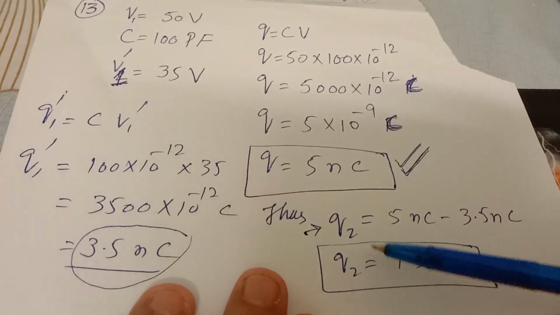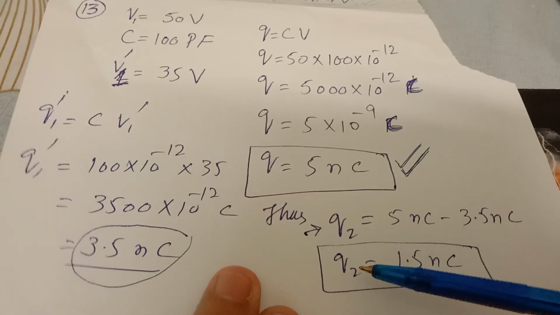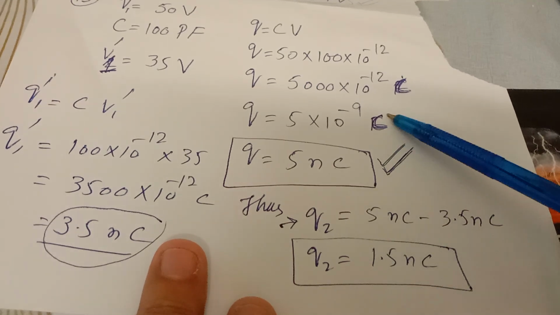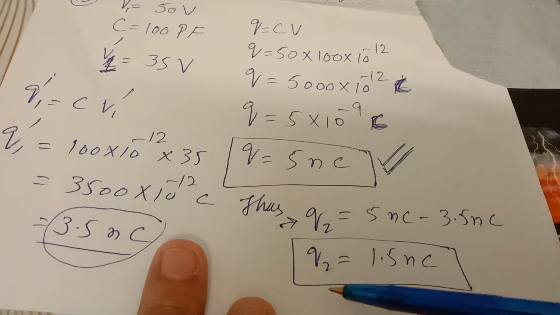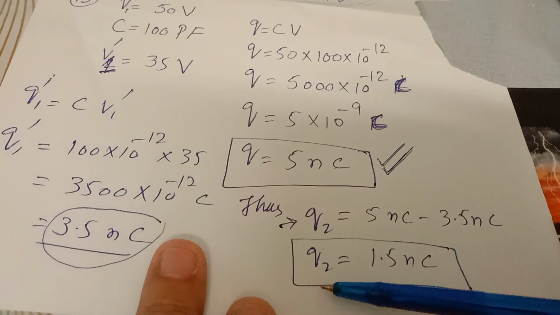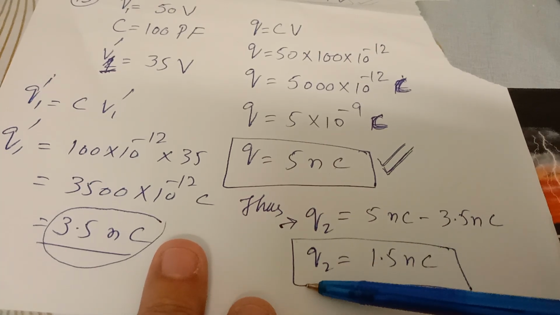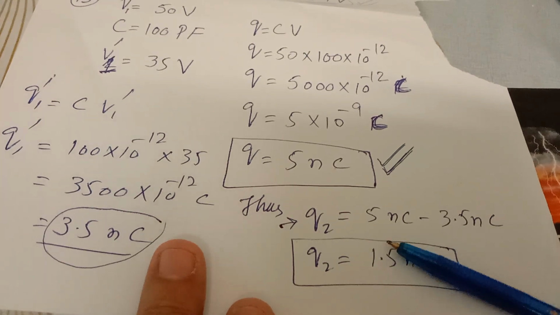So the remaining charge lost by the first capacitor will be transferred to capacitor 2 according to the law of conservation of charge, and also these are parallel capacitors, so the sum of charges will equal the total charge. So Q2 is equal to 5 nanocoulomb minus 3.5 nanocoulomb. When we subtract, the charge on the second capacitor, which was initially uncharged, is equal to 1.5 nanocoulomb.